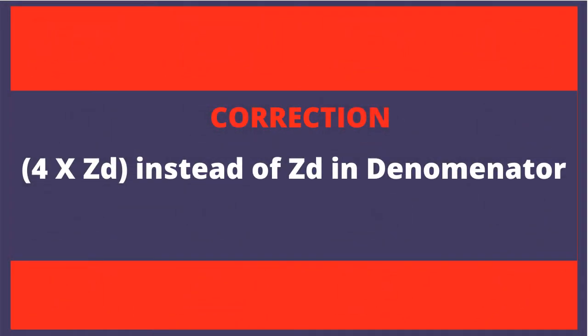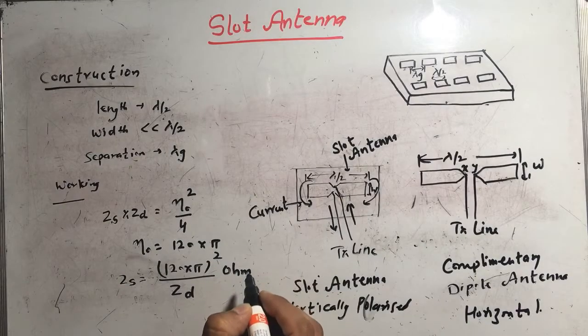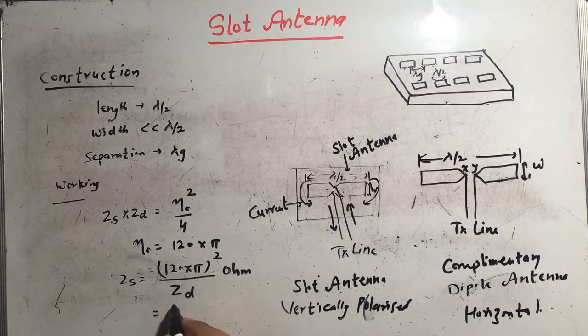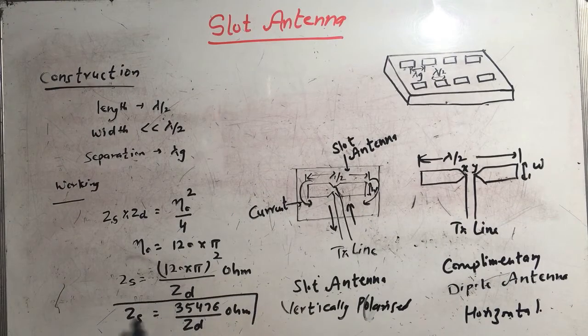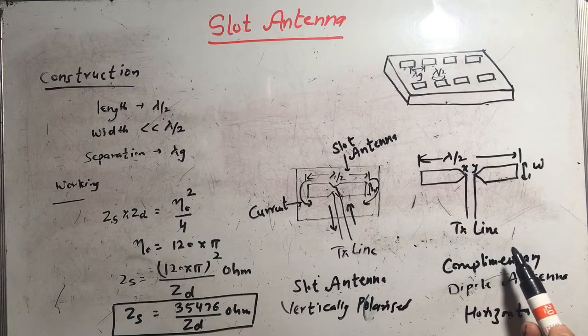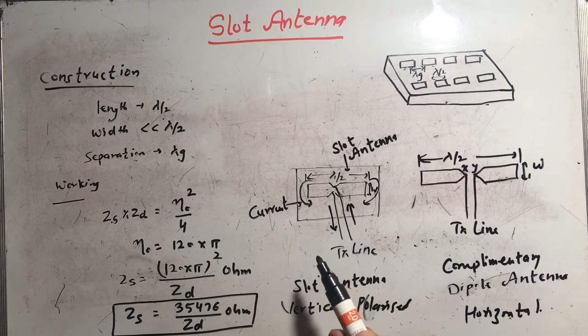So from here we get ZS equals (120 pi) whole square divided by 4 ZD, in ohms because it is impedance, which is equal to 35476 divided by ZD ohms. It means that by knowing the properties of the dipole, the slot antenna can be studied.